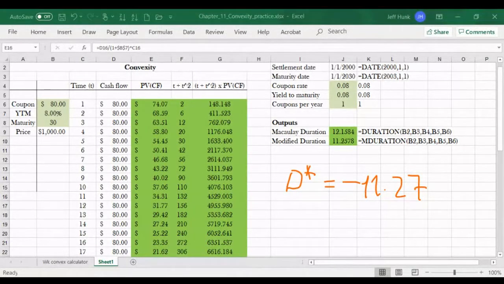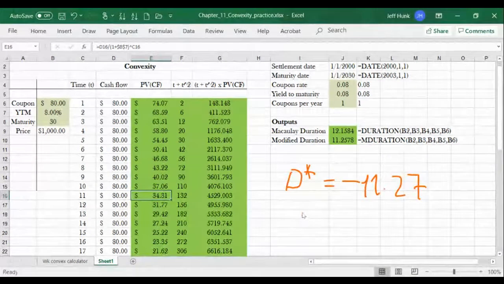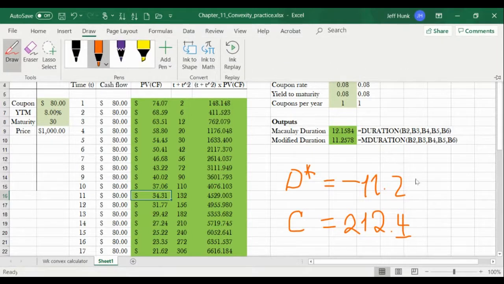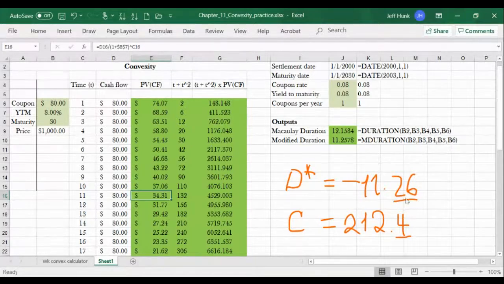Yeah, 2.6. Okay. And convexity was 212.4. And I want to verify this.